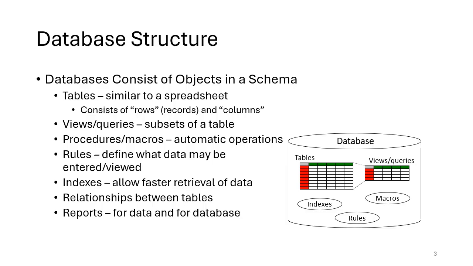So for example, if you thought of a typical data logging application, you might be logging the time, that would be one column. You might be logging the tag name, that would be another column, and you'd be logging the data value, that would be the third column. And in each row, you would have a record which consists of that item of data, which would consist of the timestamp, it would consist of the tag name, and it would consist of the value at that time.